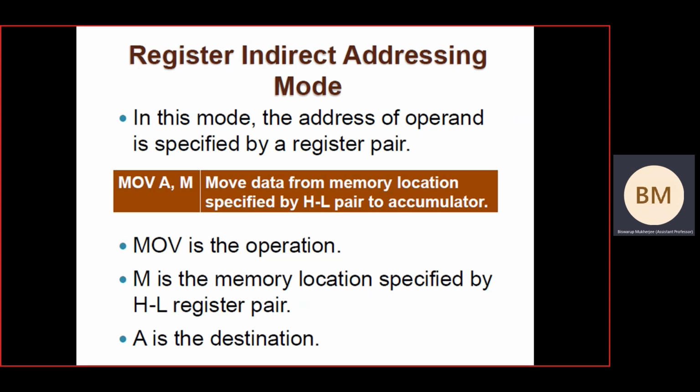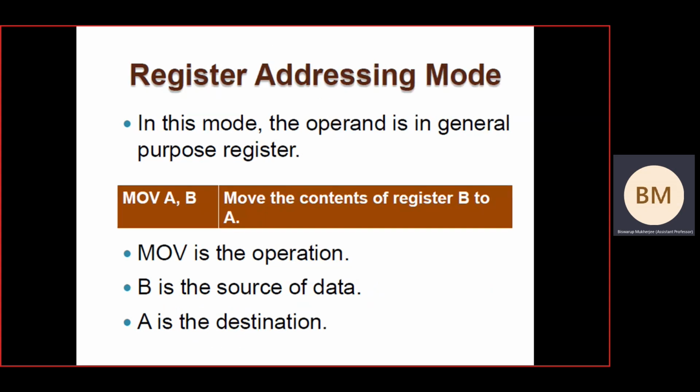Next is move. That means in your particular general purpose register, it has got some data which is stored. So that is register addressing mode. On that register you have your data and you are fetching that data into your accumulator. Coming to the next one, that is register indirect addressing mode.